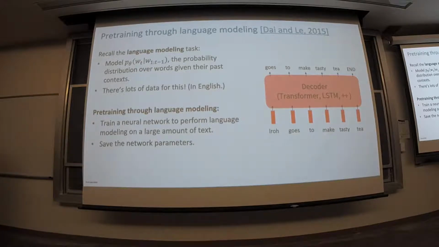It's pre in the sense that for the tasks that we actually care about doing, that we're going to evaluate ourselves on, we're not going to be training to do those tasks directly.